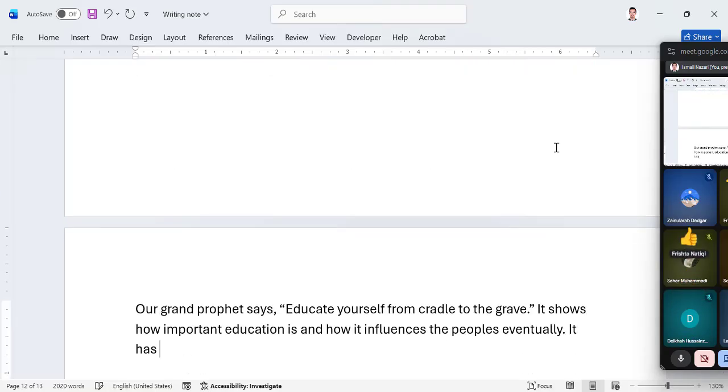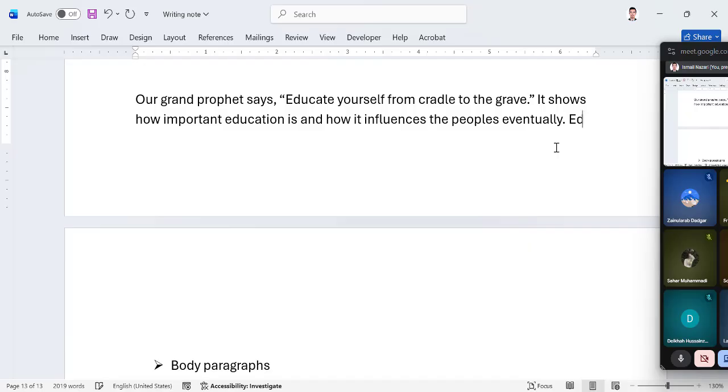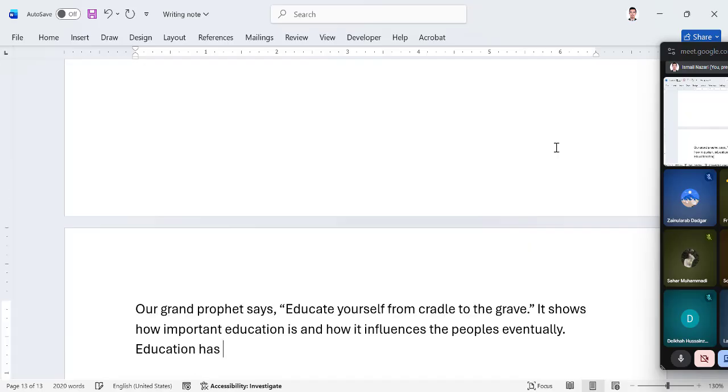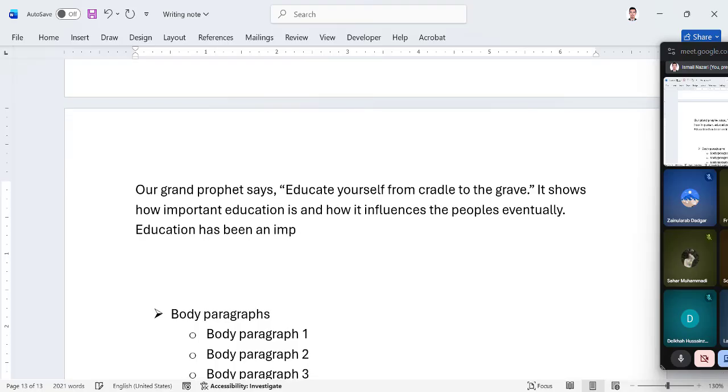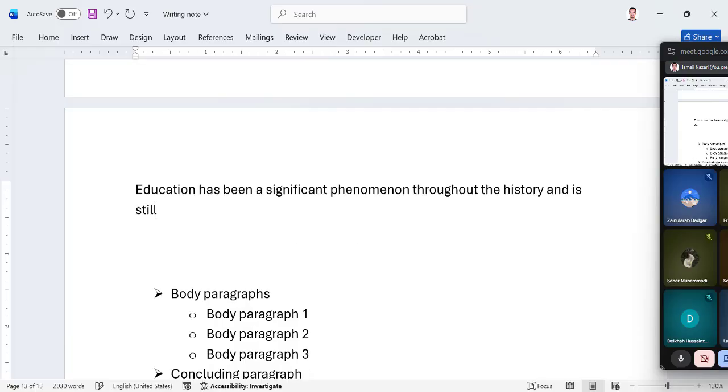Education has been an important or significant phenomenon throughout history, and is still, because right now we have it as well.